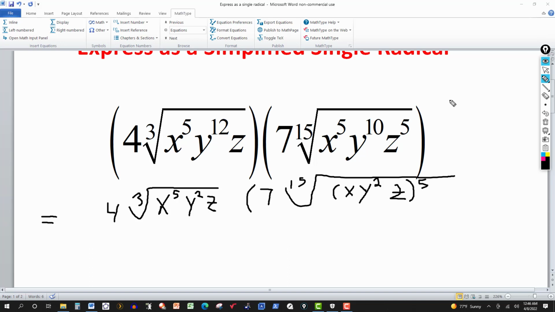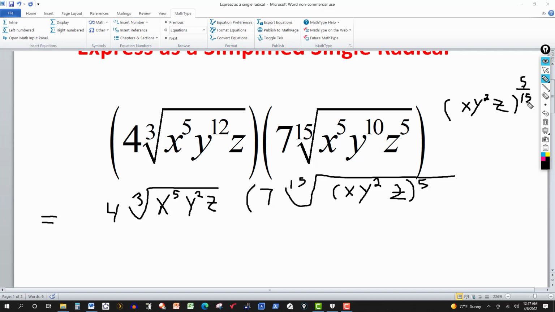And then this radical here could be expressed as x y squared z to the 5th power, or using the formula I just went over, to the 5 over 15.